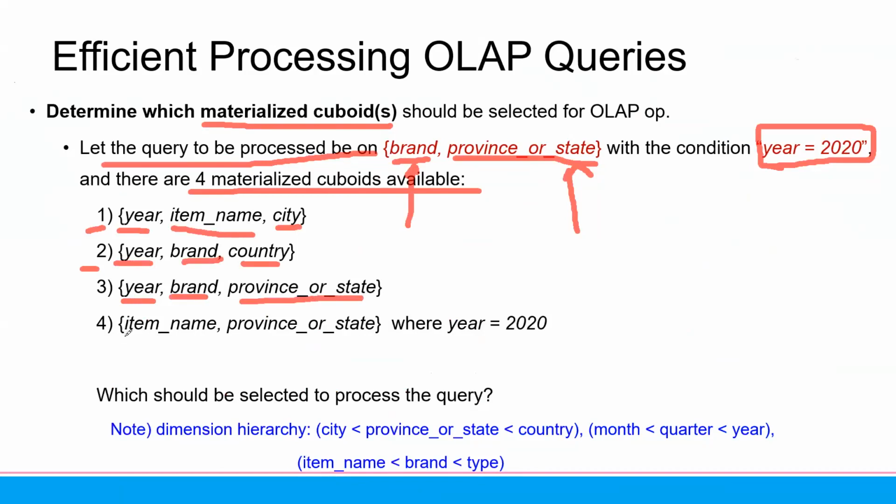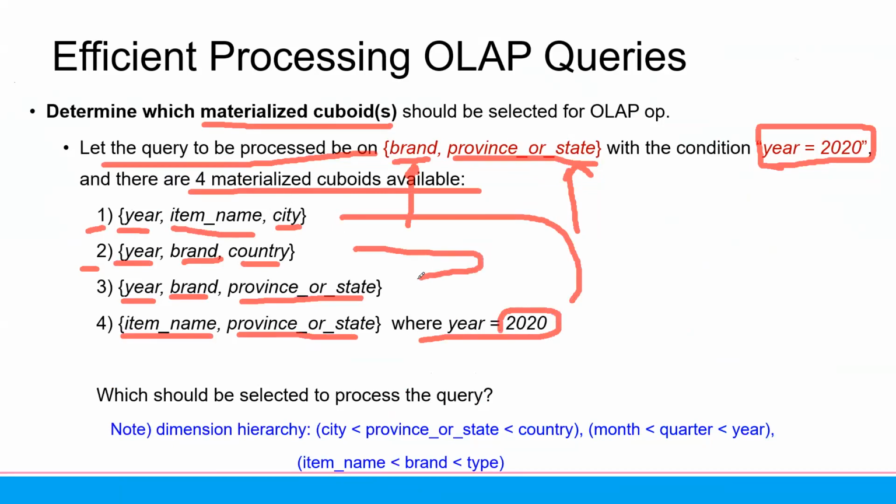Or you can have your next materialization: item name, province or state, and you just make a condition year equals to 2020. Those are the options to make the materialized cuboids. But which should be selected to process the query?